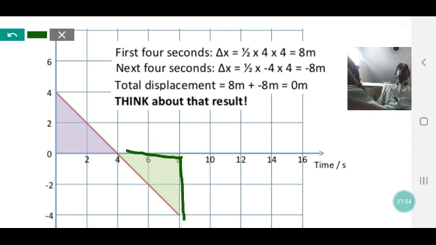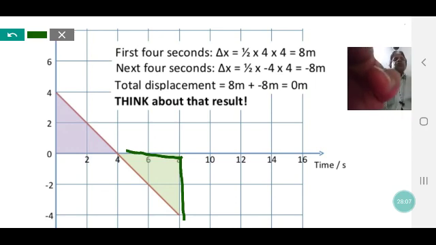If the object first moves in a positive direction with negative acceleration, and again moves in the opposite direction with negative acceleration, then the total displacement is 0. That means there is no displacement of the object, as given in the velocity-time graph.